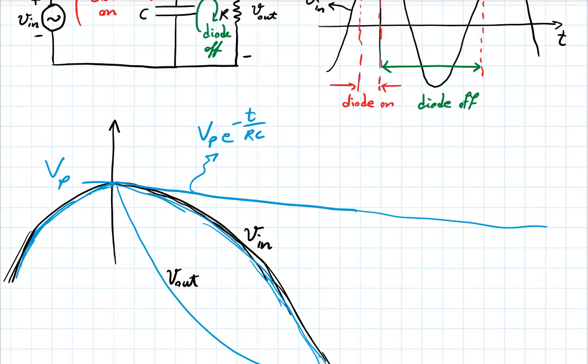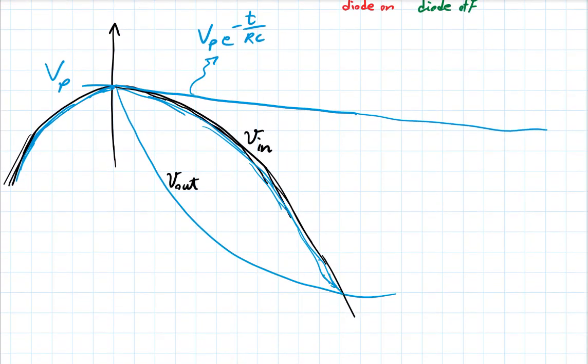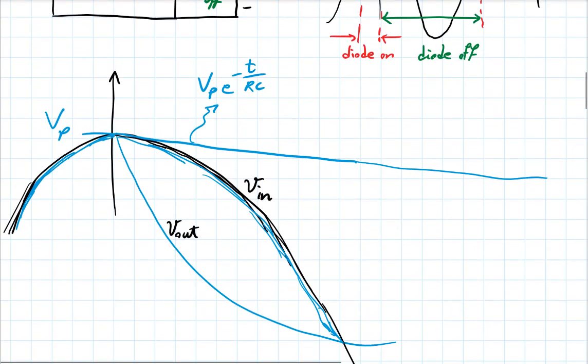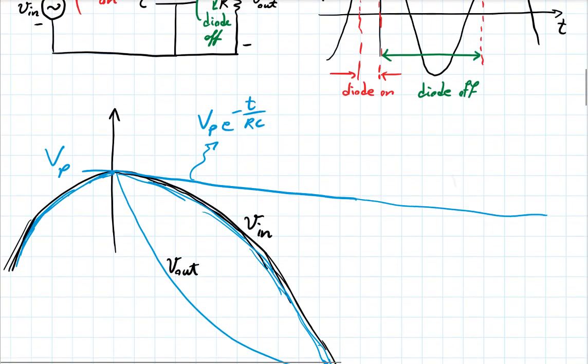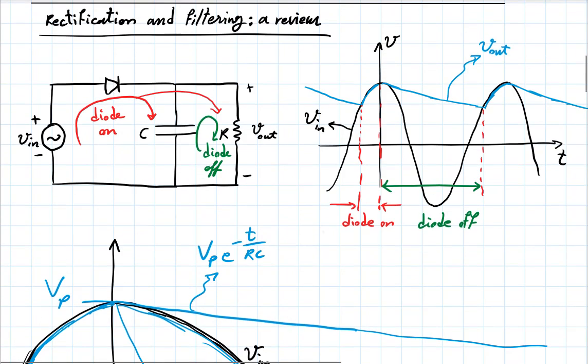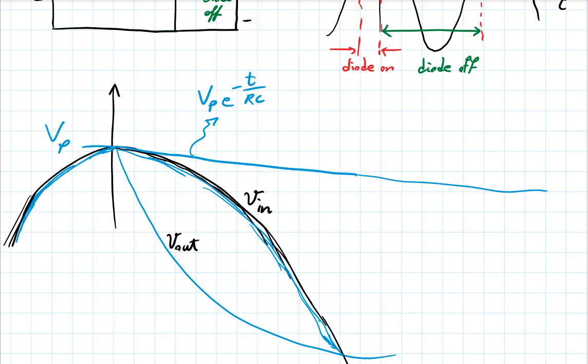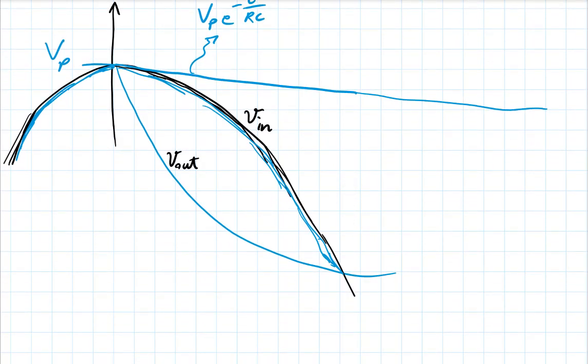So what is happening there? Physically, what's happening? So the output would be going down like this, at least for some time. If the output is following the diode, which means the capacitor voltage is going down, which means the capacitor is discharging, it's losing some of its charge, does it mean then that there is a reverse current in the diode? No. So then what's happening? Well, the capacitor would have to discharge for this to go down.